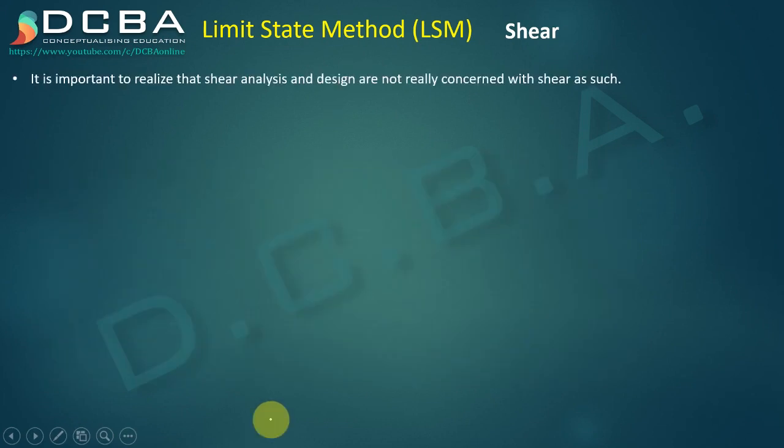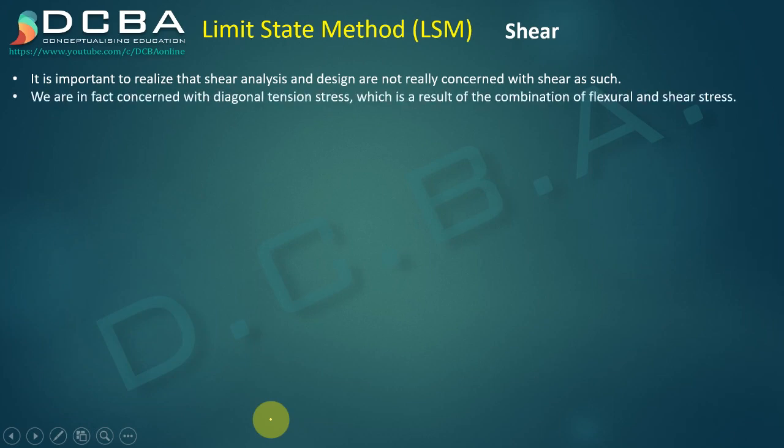It is important to realize that shear analysis and design are not really concerned with shear as such. We are in fact concerned with the diagonal tension stresses, which are a result of the combination of flexural and shear stresses. So we saw that the flexural stresses, that is sigma x in compression and in tension, were because of the flexural stress, and the shear stress, that transverse shear, was also there.